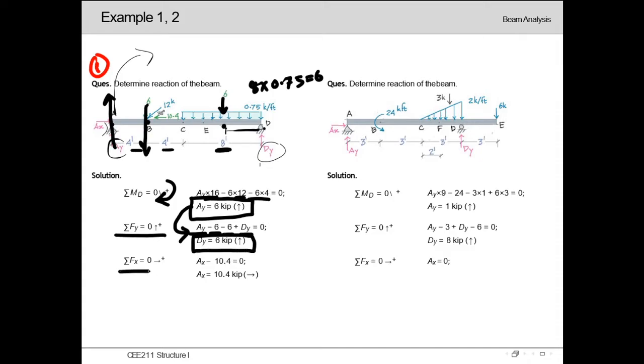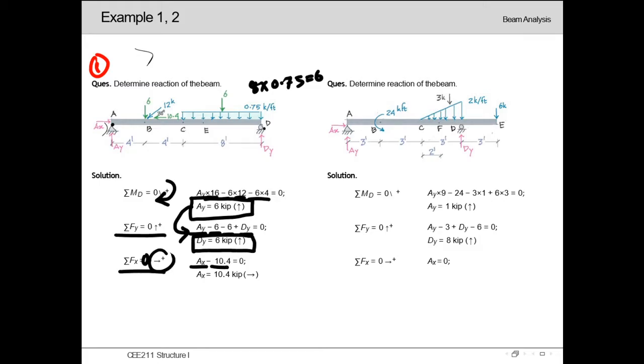Similarly, applying summation of f of x equal to 0, we can see here in this beam the x directional loads or components available on this beam are Ax acting rightward. We have considered rightward as positive, so Ax, and then 10.4 is acting leftward, so it will be negative, minus 10.4.